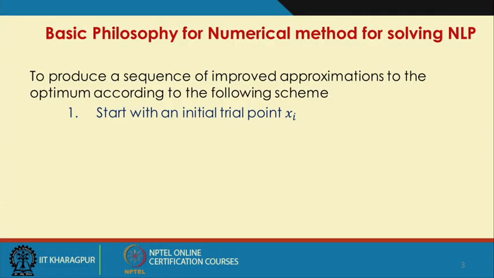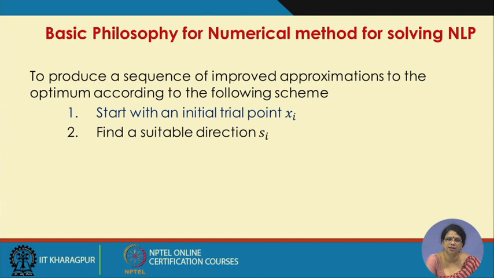That is why we start with the basic philosophy: start from an initial point, then find a suitable direction. In the searching technique, the suitable direction was either right or left for a single variable, but here in this methodology we are doing something else. I will tell you how to find the search direction.